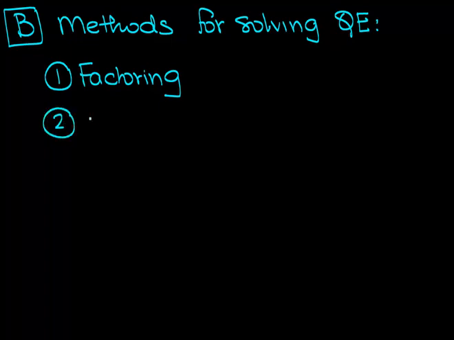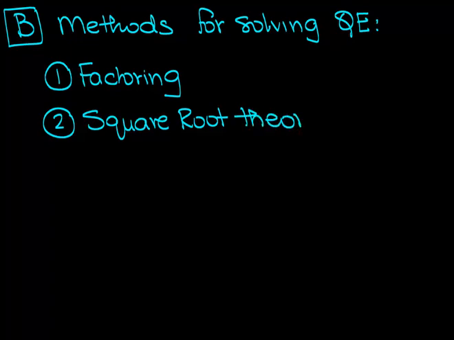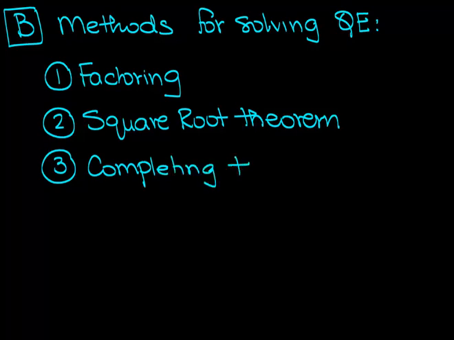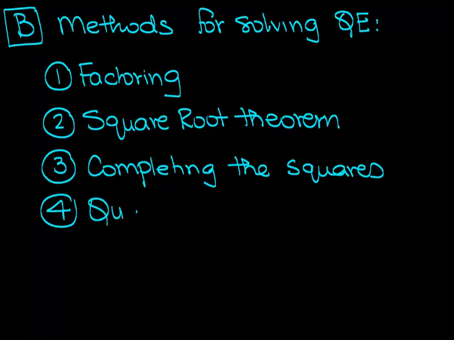The second method is the square root theorem. The third method to solve a quadratic equation is completing the square. The fourth method to solve a quadratic equation is the quadratic formula.